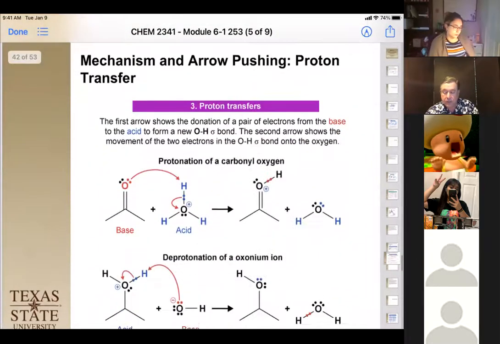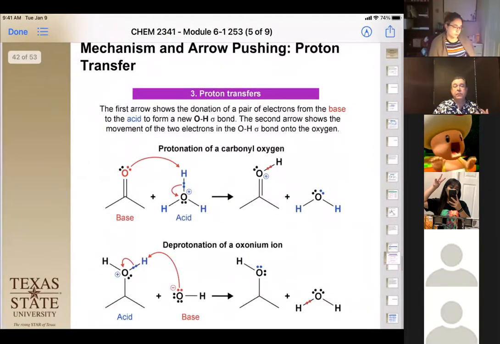Okay, so we can also do this with a proton transfer or hydrogen transfer. And the way we're going to do that is like we did with the acid-base reactions when we were looking at Bronsted-Lowry, where some electrons from a lone pair on something are going to reach out and create a new sigma bond. In that process, we have a bond here. We have oxygen as the more electronegative atom, so it's going to take the electrons.